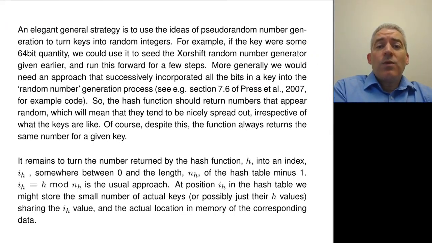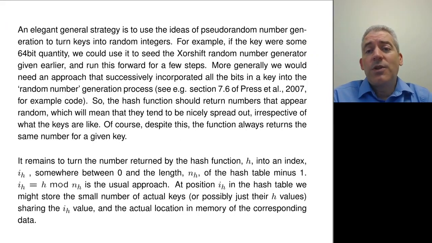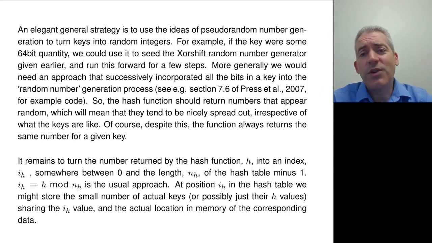It turns out that those ideas from pseudo-random number generation we talked about previously can be used to give a neat solution to this problem. What you do is you take your key, you turn it into some sort of seed for a random number generator, you then run that random number generator forward for a while to get what is essentially a completely random key derived from that original key.